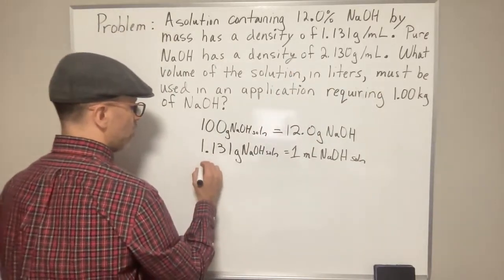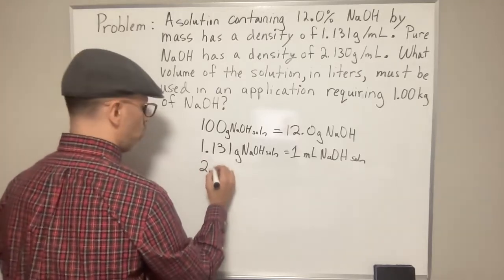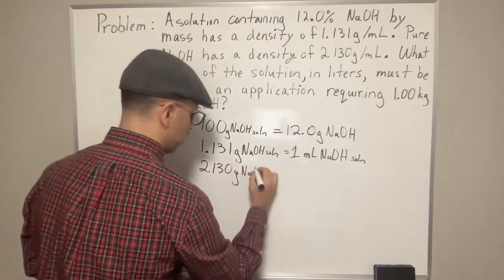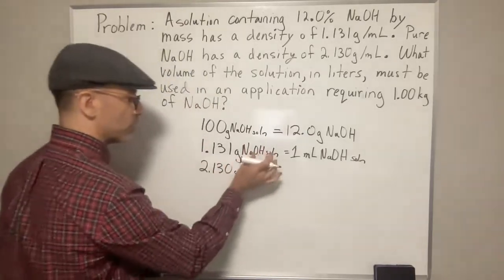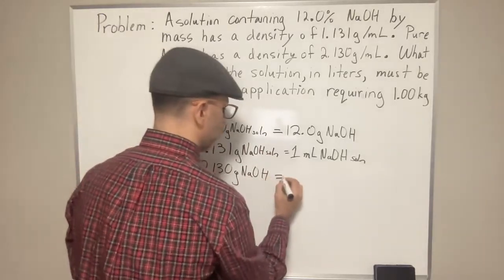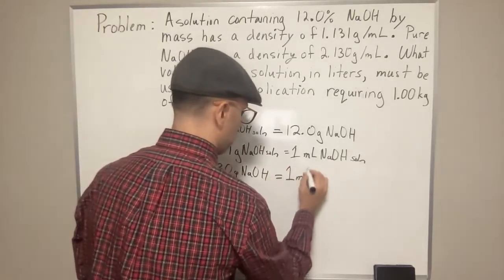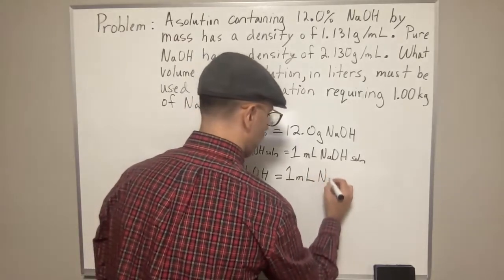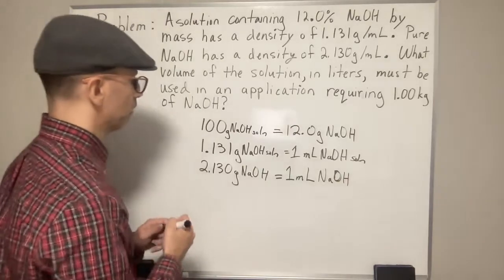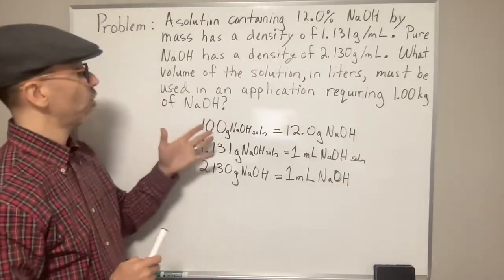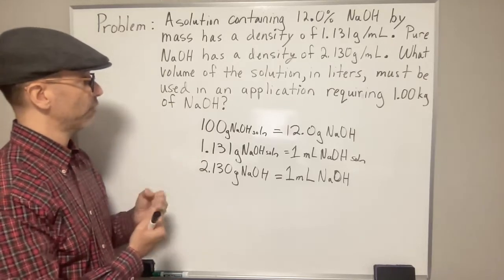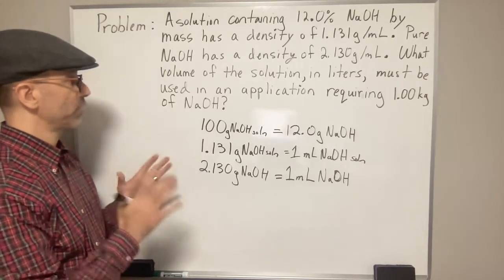That's saying 2.130 grams of NaOH, not NaOH solution, the actual NaOH, is going to be equal to 1 milliliter of NaOH. Excellent. Okay, so is there anything else? There's no other information they're giving us as far as conversion factors go. No other relationships.